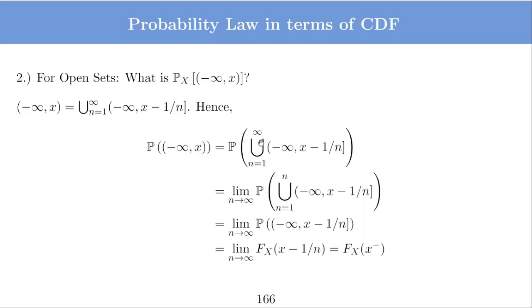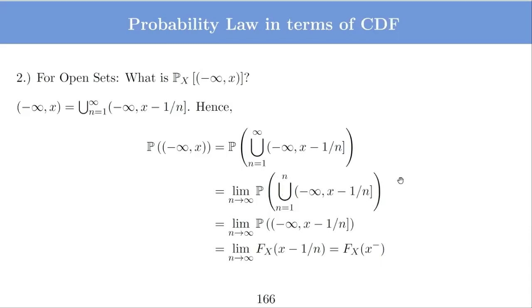Okay, now you can show that the pre-image of this union of sets is equal to the union of pre-images of these sets. Now, because it's a union of sets, on the probability of that you can apply the property which we have proved earlier, that this will be equal to the limit as n tends to infinity of the probability of the finite union of the pre-images of these sets.